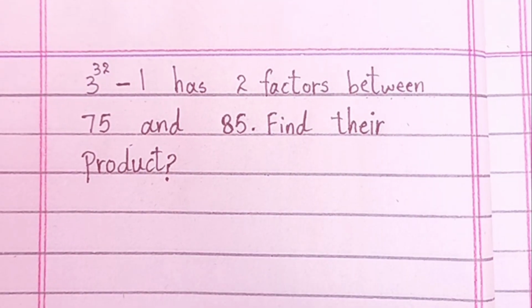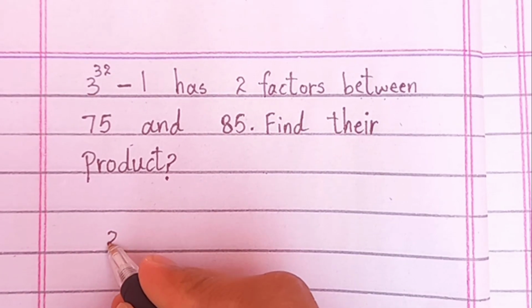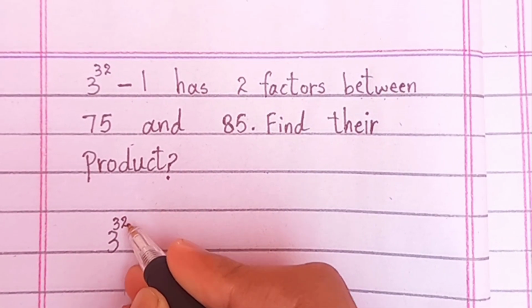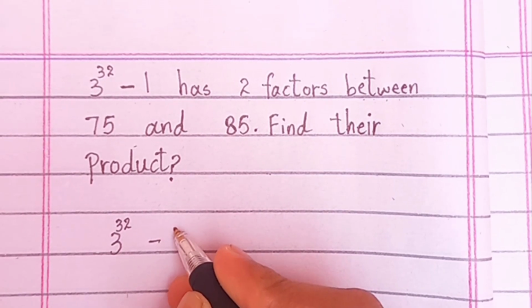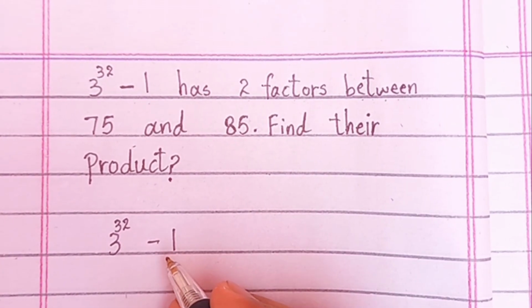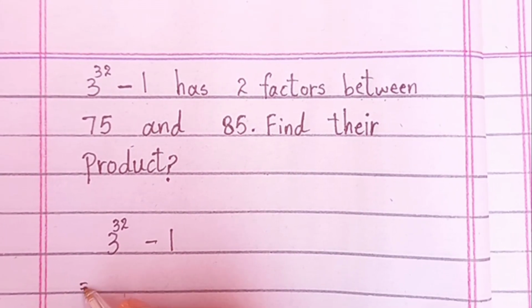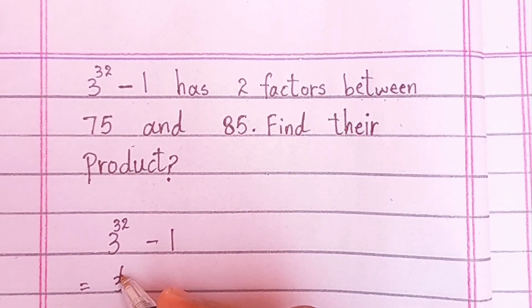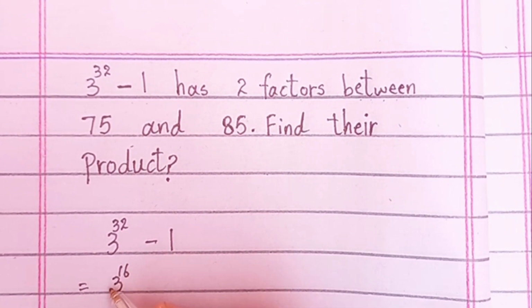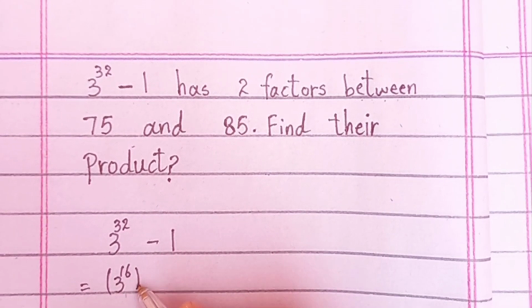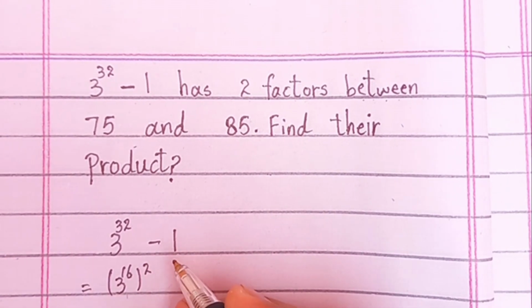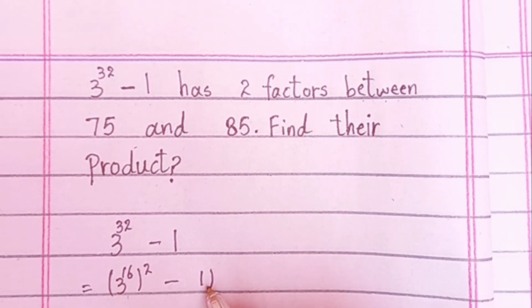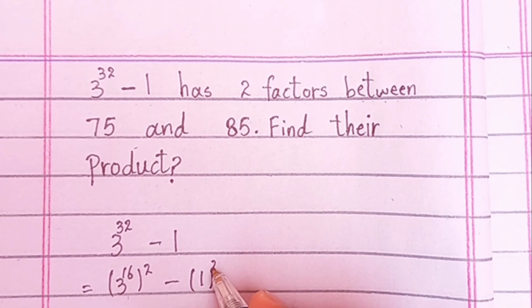As we know, 3 power 32 minus 1. 3 power 32 can be written as 3 power 16 whole square, minus 1 can be written as 1 whole square.